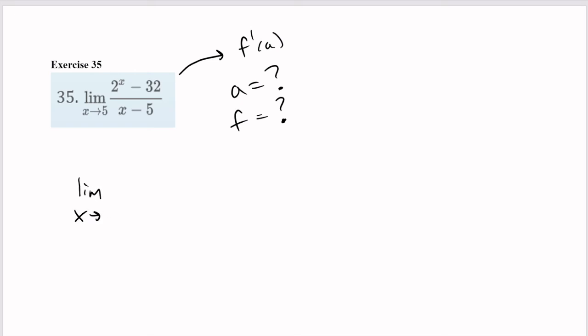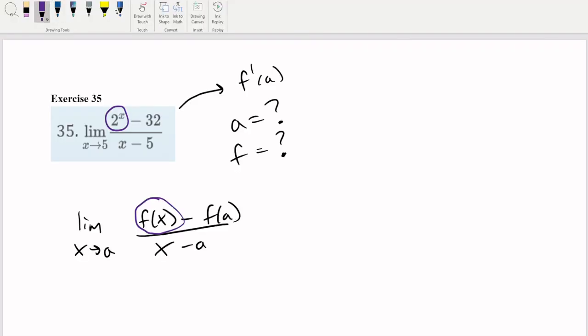The limit as x approaches a of f of x minus f of a over x minus a. That was our definition that we had set up, one of the two formulas. So if we just do a little mix and matching, it's actually not too bad to figure this out. Here's f of x. That's supposed to match here. Okay. Here is f of a. That's right here. Okay.